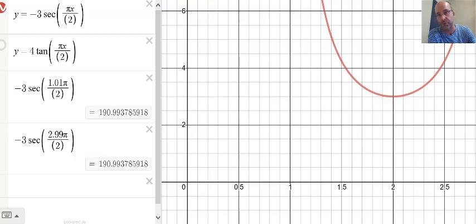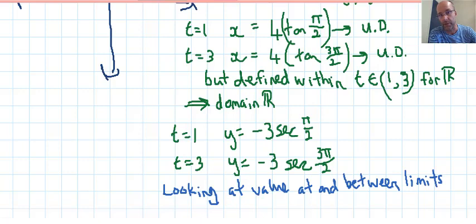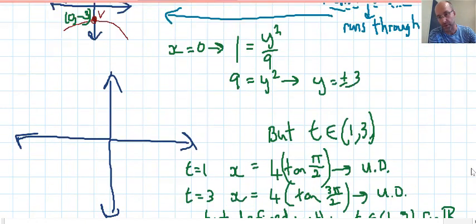All those negative values drop away. So looking at values at and between the limits of the interval, we can see that it's only the top branch. If we sketch it, we found out it was 3 here before, and it'll only be that one, and it'll just trail up there.